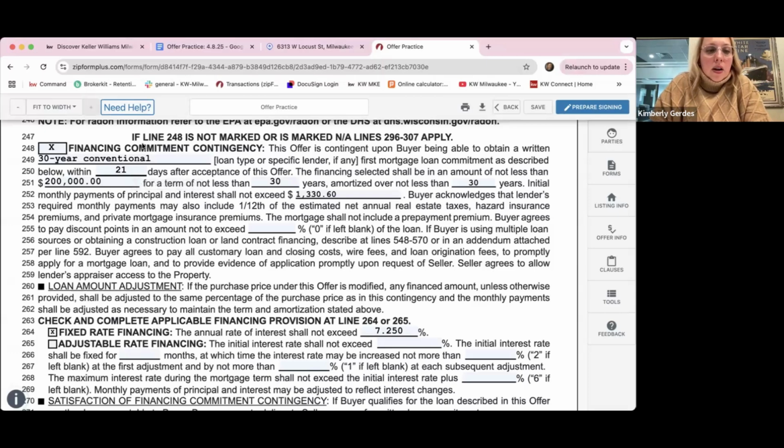We're going to be offering $250. We're putting 20% down. We'd like to put 21 days as our loan commitment deadline. Is that something that you can help us achieve and accommodate? And if the lender says, yep, no problem, great. If the lender says, ooh, it's taking us a little bit longer, you need to understand why and what is going to be a realistic deadline for you to put into line 250.